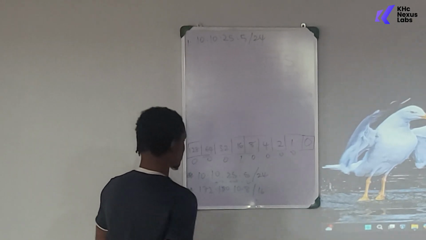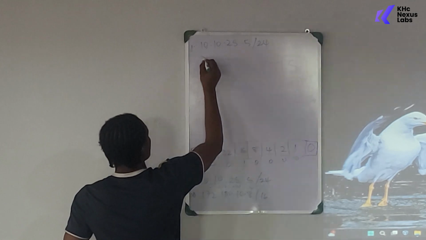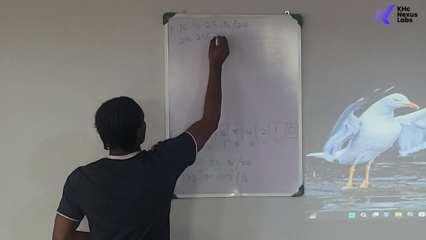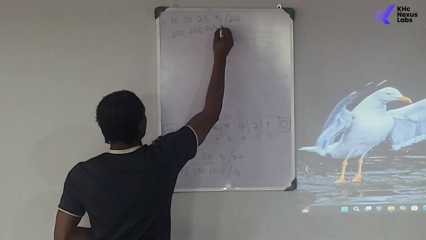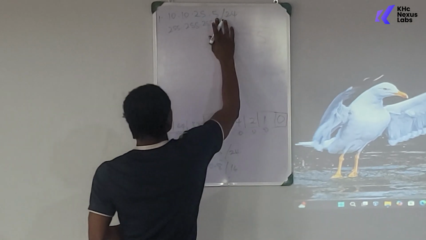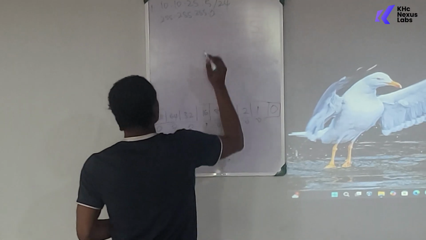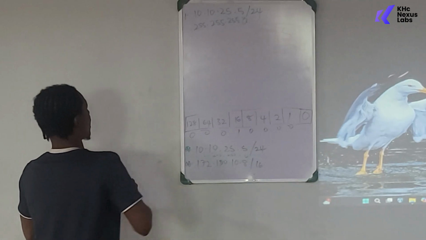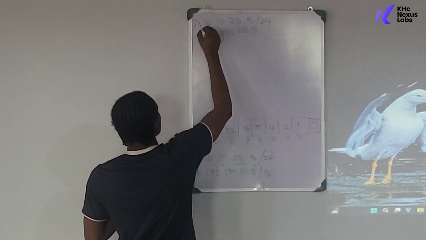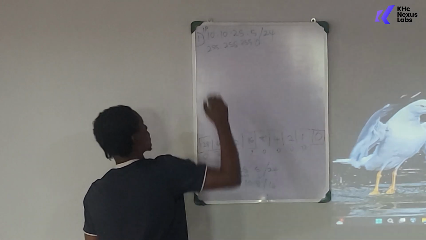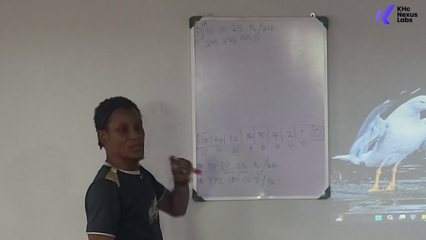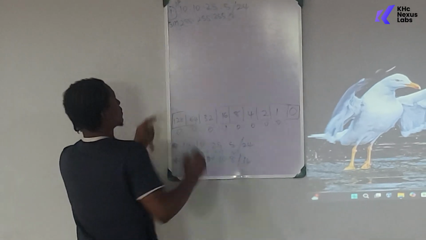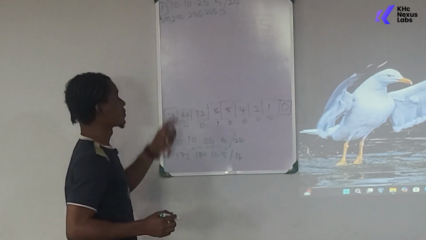So now this is what? 255.255.255.5. Oh, sorry, .0, because that octet is not being used. And something also important to note is that this right here is what? Our IP address. And this right here is our subnet mask.